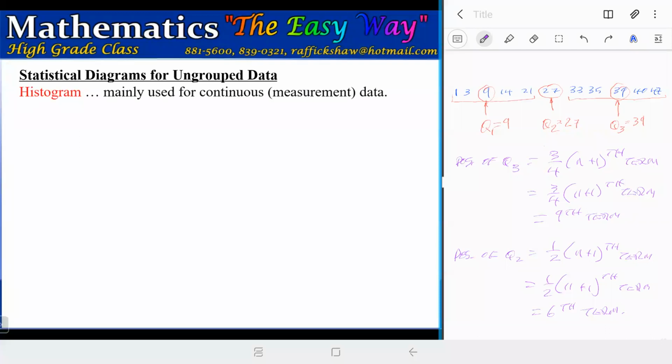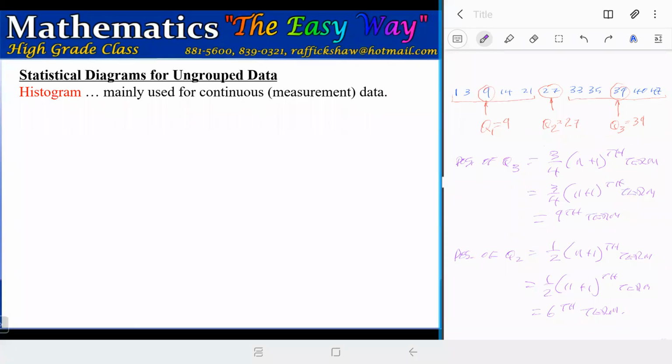Now, a histogram is a bar chart, just that the bars kiss each other. The bars are joined side by side, and they are joined at values that we call the boundary values. Bar charts are used mainly for discrete data. Histograms are used mainly for continuous data.